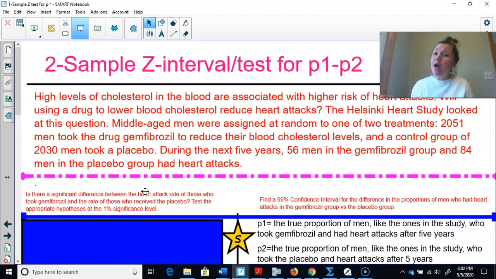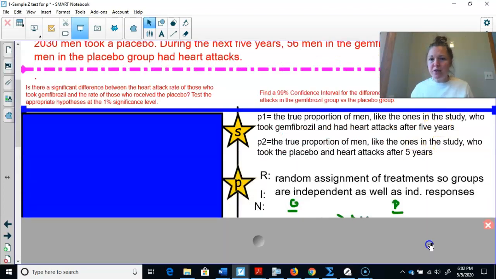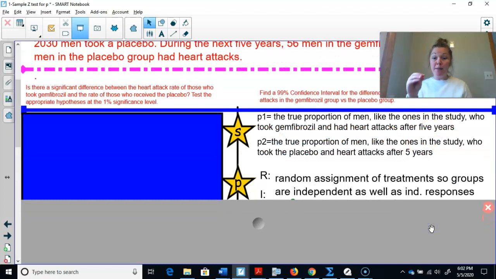We know it's an experiment because treatments are randomly assigned. A treatment is imposed. So how does that affect our random and our independence? If you remember from class, the R and the I have to go together. So what we say is random assignment of treatments, so groups are independent, as well as the I and D, individual responses are also independent, okay?